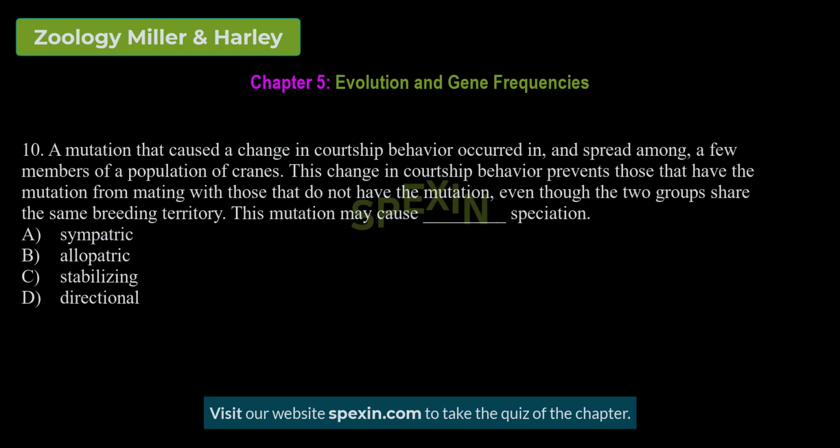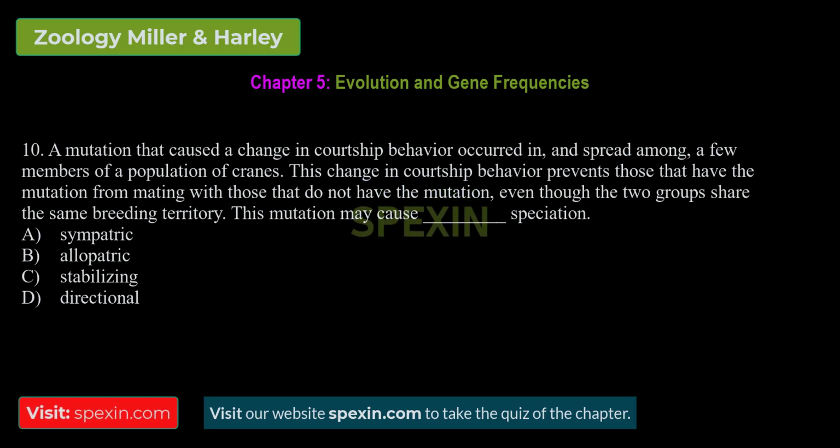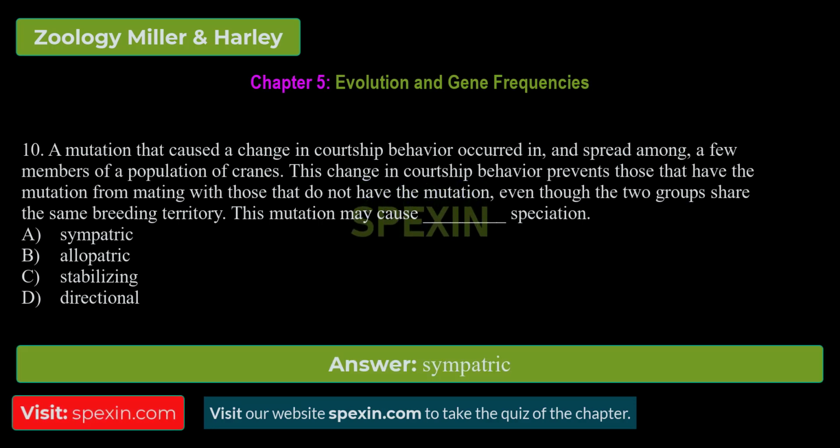This change in courtship behavior prevents those that have the mutation from mating with those that do not have the mutation, even though the two groups share the same breeding territory. This mutation may cause dash speciation. Sympatric, allopatric, stabilizing, directional. Correct answer: sympatric.